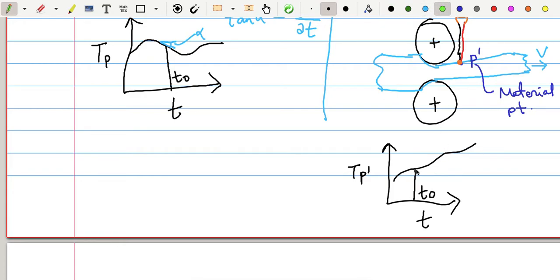I take the slope at this point, and if this angle is beta, then tan beta is equal to dT divided by dt.